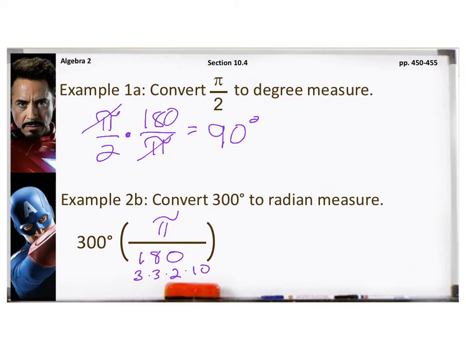So this is 3 times 2 times 10, which gives me the 30, and then it's times 10. So I can get rid of the 10s, and get rid of the 2s, and I can get rid of one of the 3s. So I end up with 5 pi over 3. That's my radian measure.